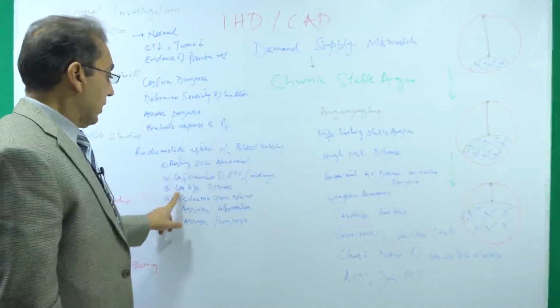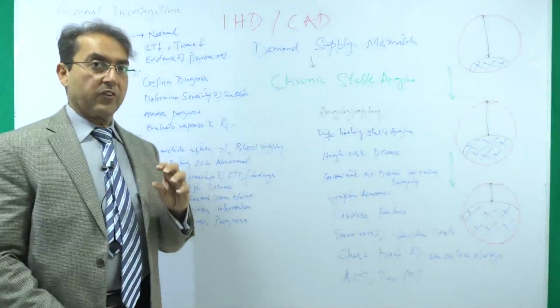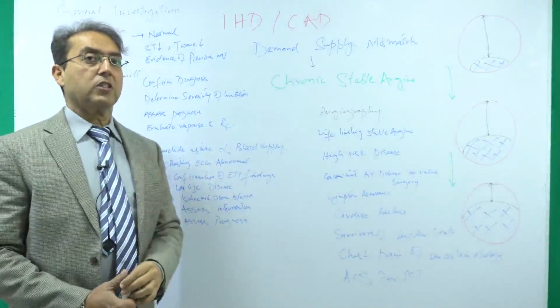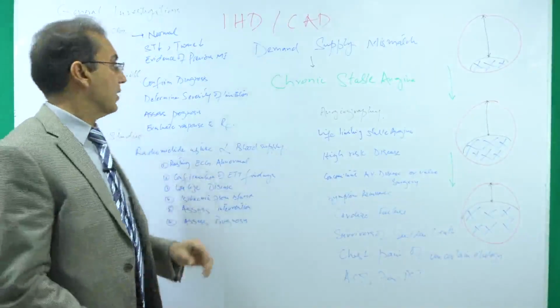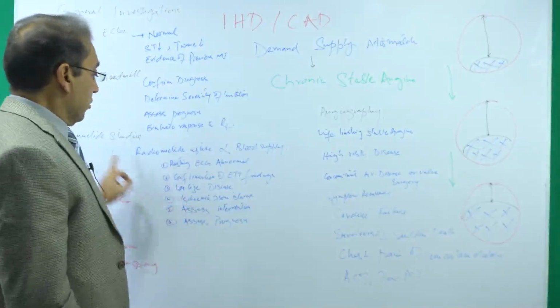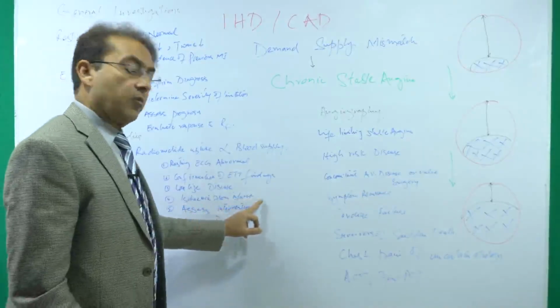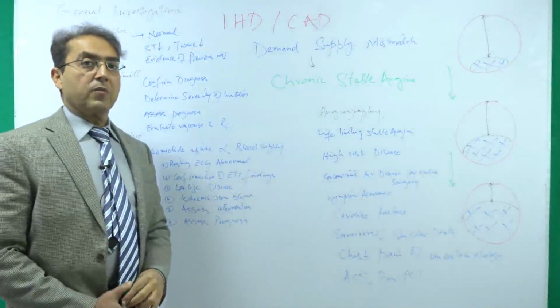The radionuclide studies can very nicely localize the region of the heart which is affected. So you can see the localization of the disease, which is sometimes not possible with exercise tolerance test. The nuclear studies can differentiate between ischemic myocardium from that of infarcted myocardium.